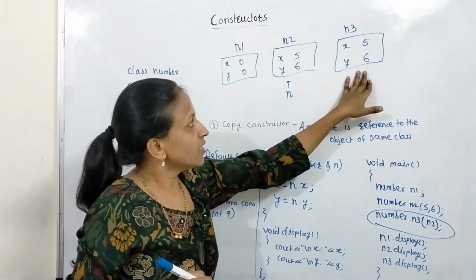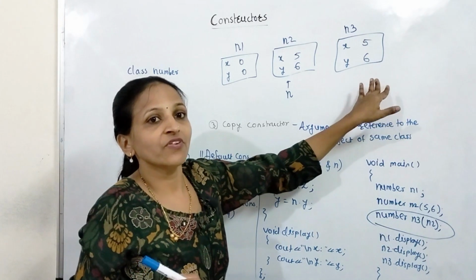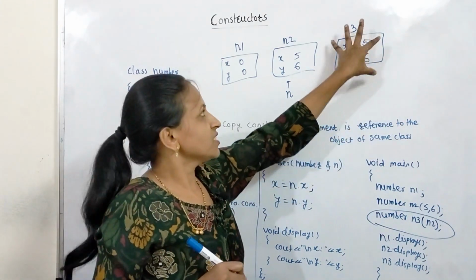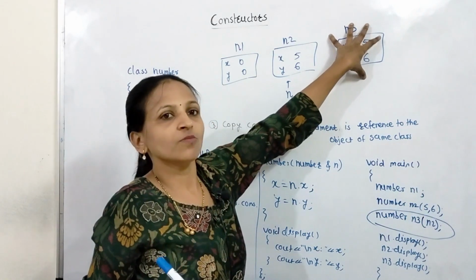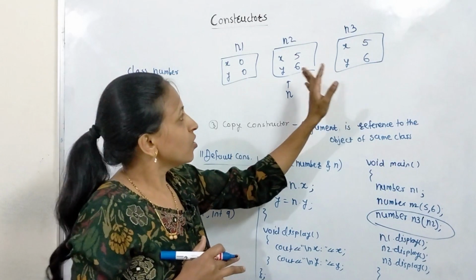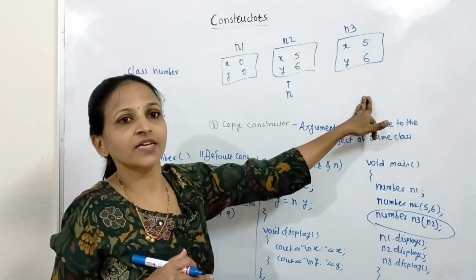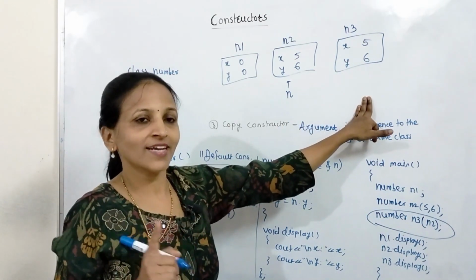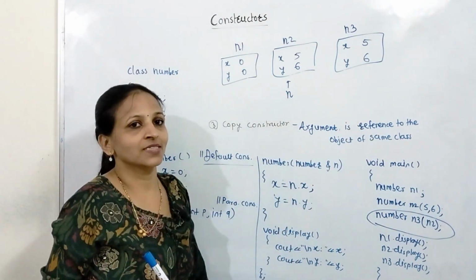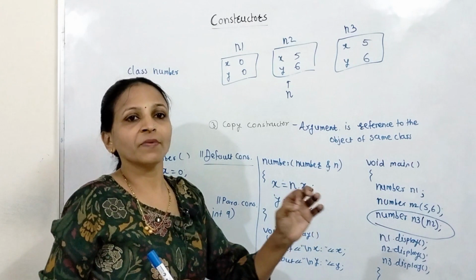Getting? Here, see, we are just creating a copy of that n2. Actually, this n3 is a separate object, this n2 is a separate object, means these two are separate objects, but both will have internally the same values in the data members, and that is allowed only because of this. Now this is nothing but a copy constructor.